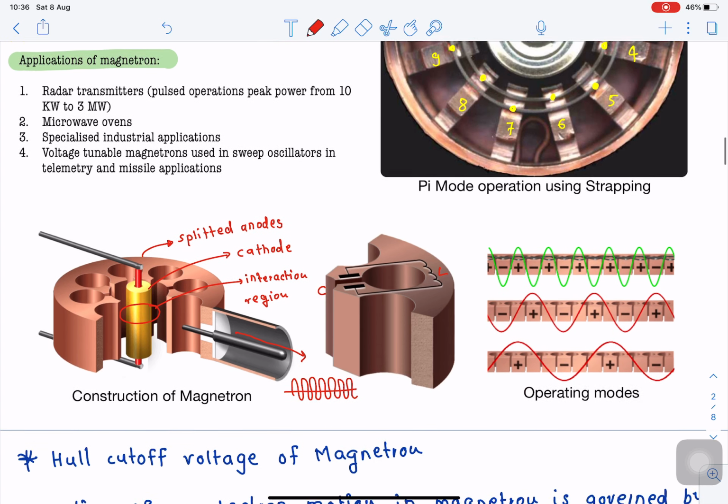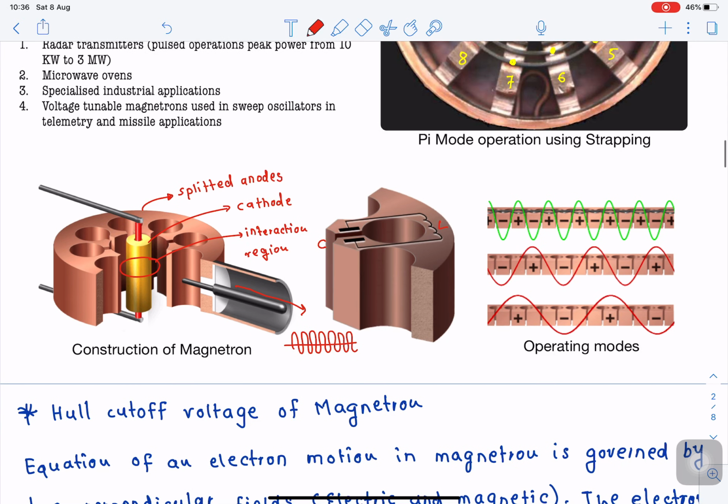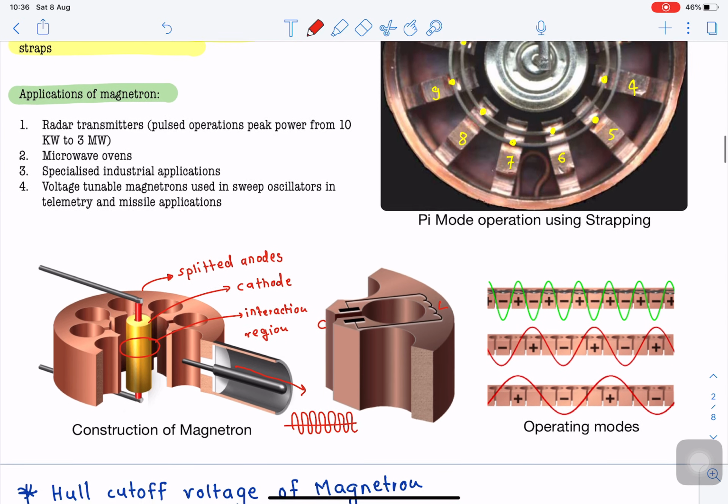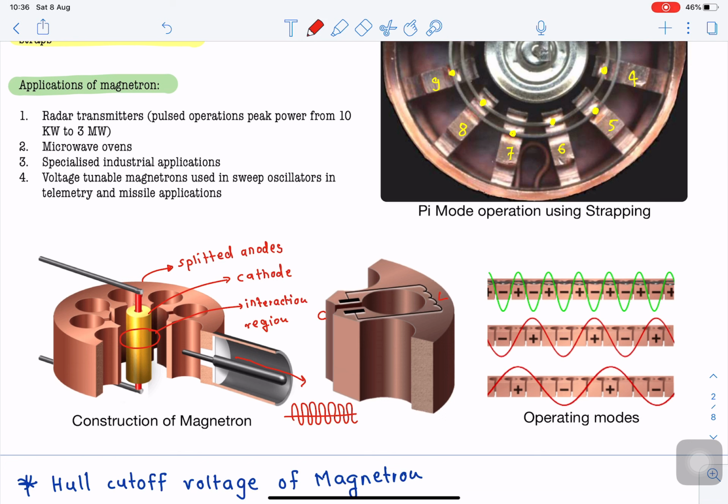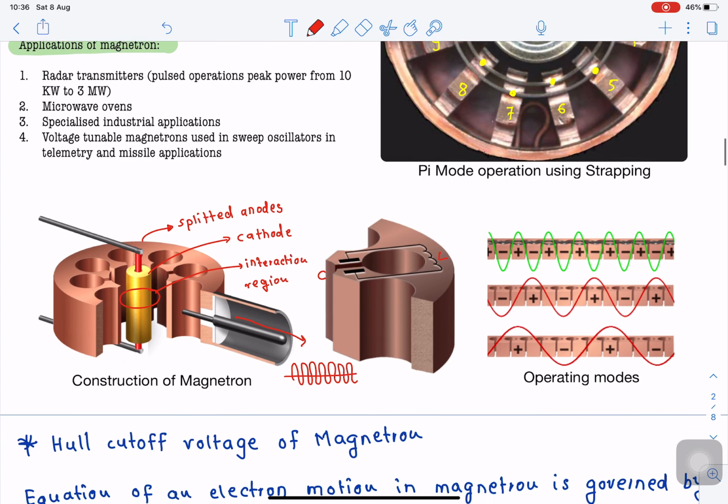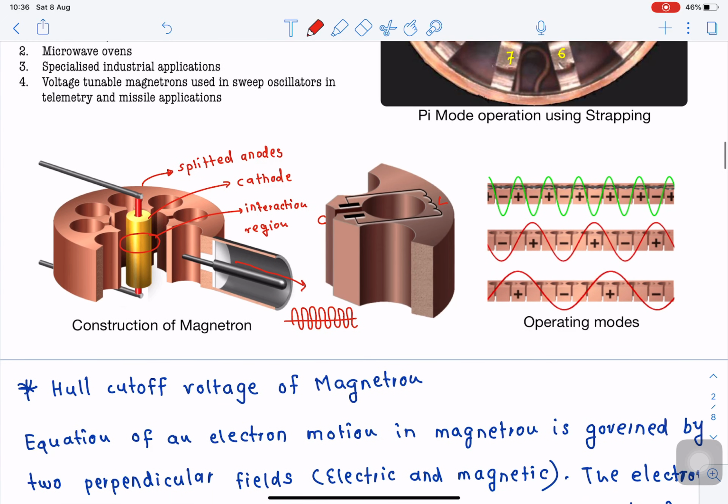Please remember that when we simply apply an electric potential between anode and cathode, and apply a steady magnetic field oriented perpendicular to this electric field, the velocity modulation process will not happen automatically, because we need to find a condition for either the applied magnetic field or electric field which will initiate the process of velocity modulation inside this magnetron tube.